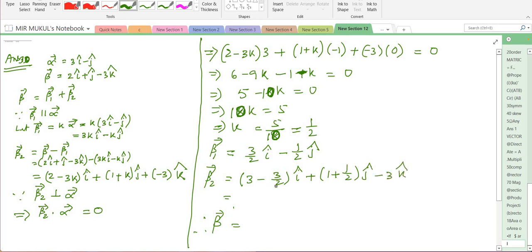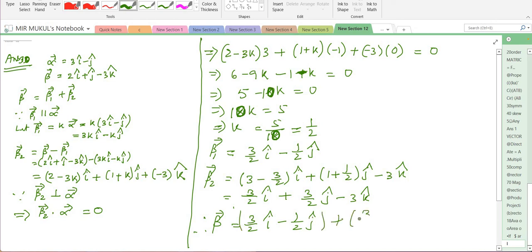That is correct. Now here 3 by 2 i plus 3 by 2 j minus 3k. So beta can be written as 3 by 2 i minus 1 by 2 j, this is one part, and the second part is 3 by 2 i plus 3 by 2 j minus 3k.